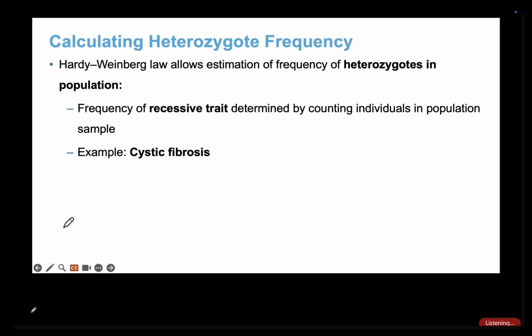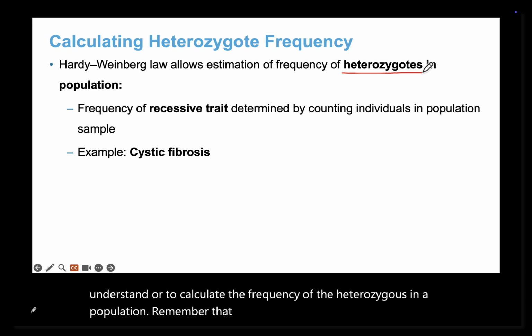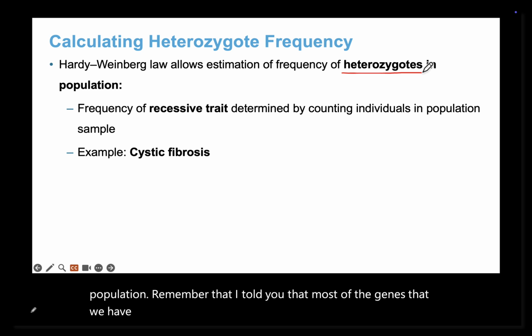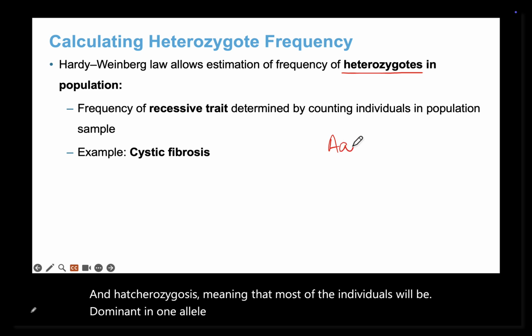The knowledge about the Hardy-Weinberg law also helps us to calculate the frequency of the heterozygous in a population. Remember that I told you that most of the genes that we have for many traits happen in a population in heterozygosis, meaning that most of the individuals will be dominant in one allele and recessive for the other allele.